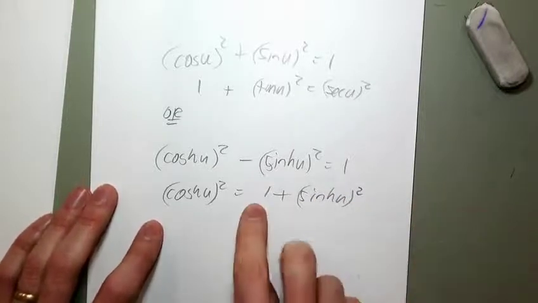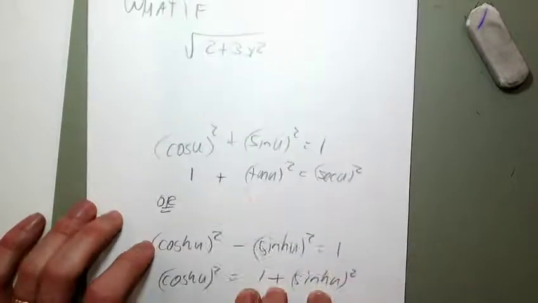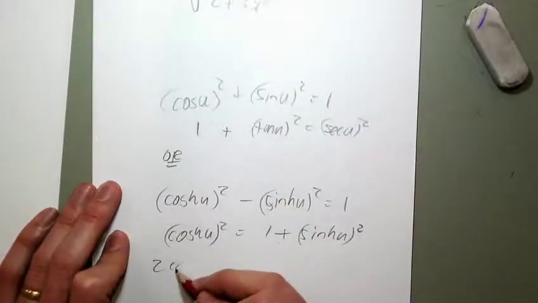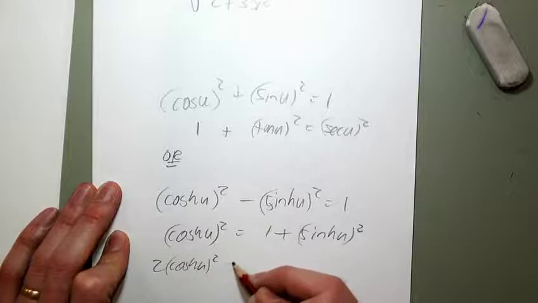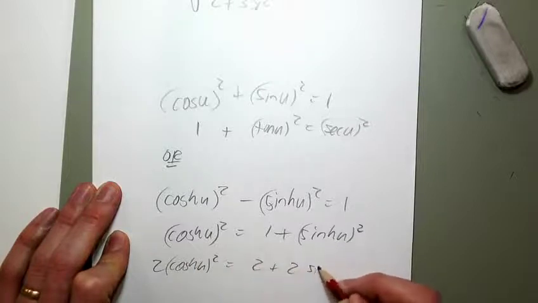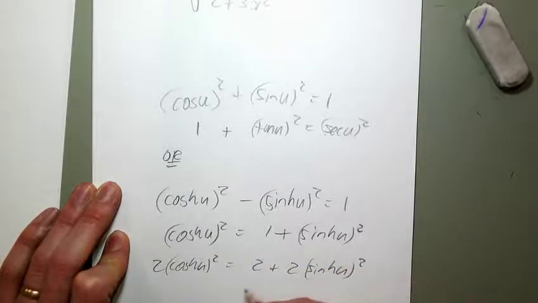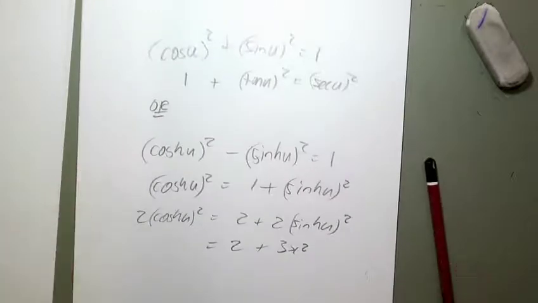So now we have number plus variable, which is what we had. We'll times everything by 2, and we want that to be equal to this. And so you'll say that 3x squared is 2 sine u squared. So that is an alternative.